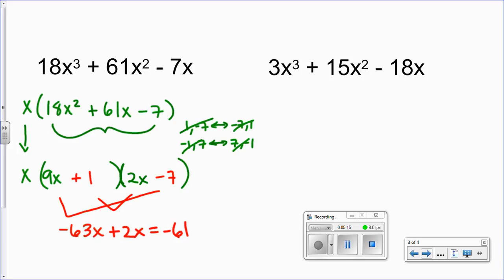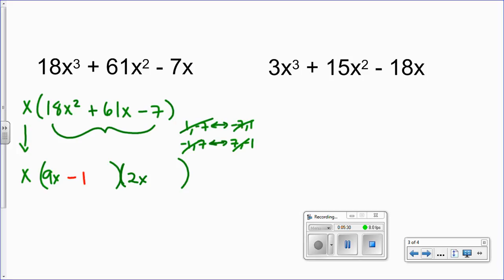Gives me negative 61x. Okay, I'm close. I need a positive 61. So let's just change our signs. Let's change that to a minus 1 and plus 7. So then I get positive 63x minus 2x, which is 61x.